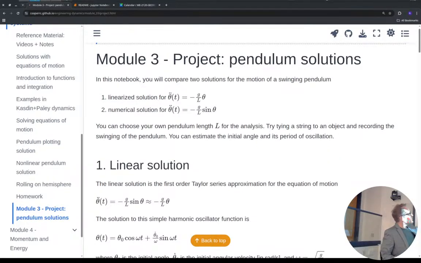All right, this project is comparing two different ways of getting to a solution. Same thing that we did for the block on an inclined plane: we created an equation of motion and then we solved for it. So we have some degree of freedom that we chose.